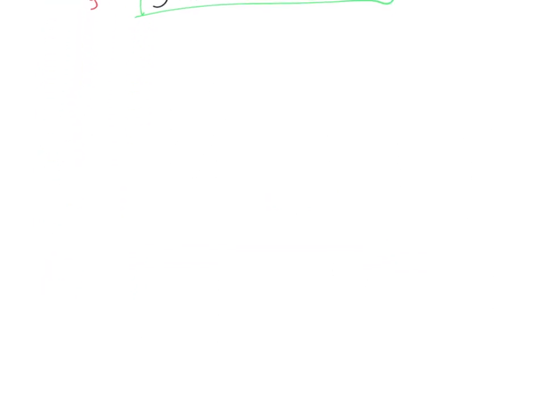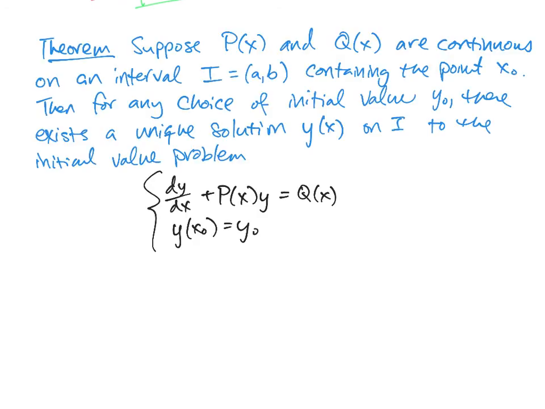So this actually gives us a nice theorem, along the lines of what we saw earlier. So I'm going to write this out. We have an existence theorem, just like we saw before, but this actually has some other nice properties.